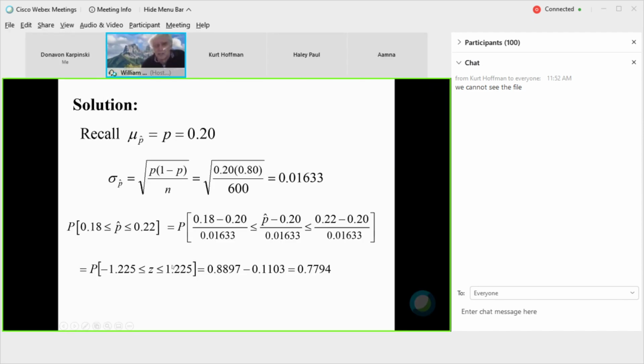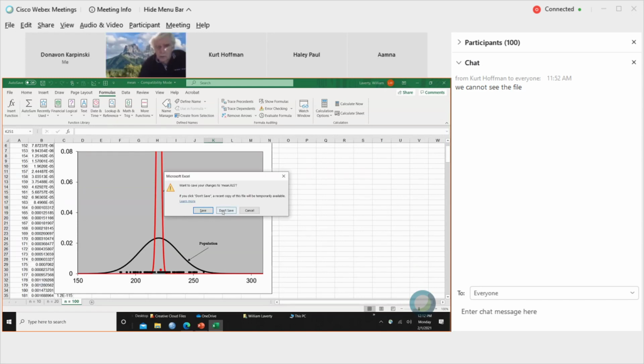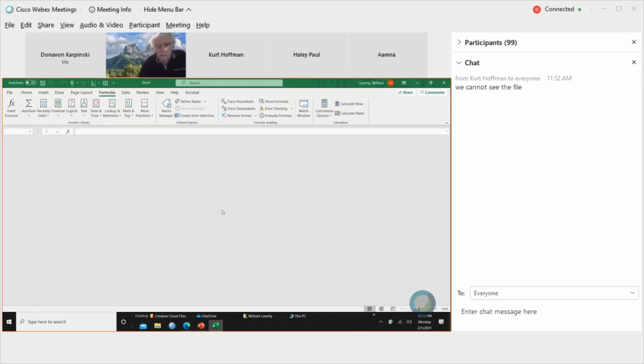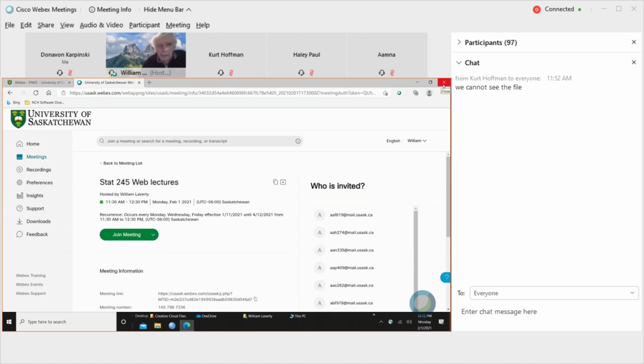These numbers are coming from the table for the standard normal distribution.